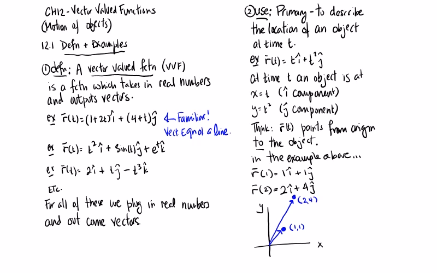The vectors themselves are also blue, but this vector is r of 1, and this vector is r of 2. So in a sloppy way, we're using points and vectors interchangeably, but that's okay. The key is when we're thinking about these things as the location. Let me emphasize that back up in the definition. We're thinking of this as the location. This isn't the only use, but this is a great one for now.